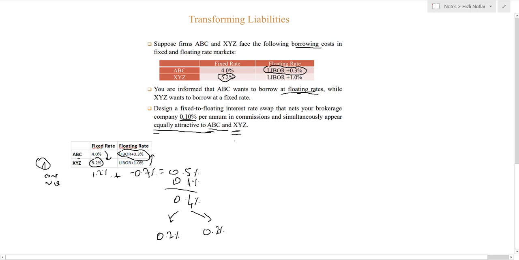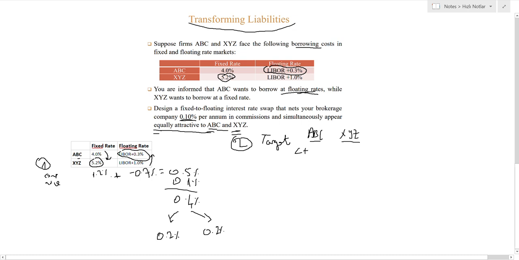So what was our second step? The second step is to define a target, the target for ABC company and the target for XYZ company. Again, be careful, we are transforming the liabilities. Therefore, we will target lower interest rates than the company expects.